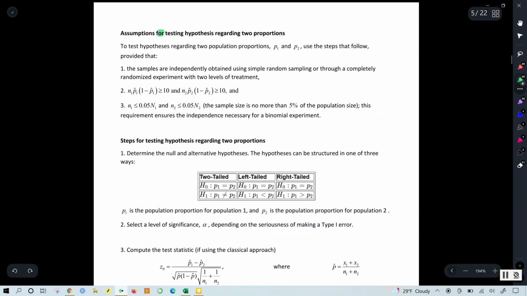So let's start with, how do we look at the assumptions for testing hypotheses regarding two populations?